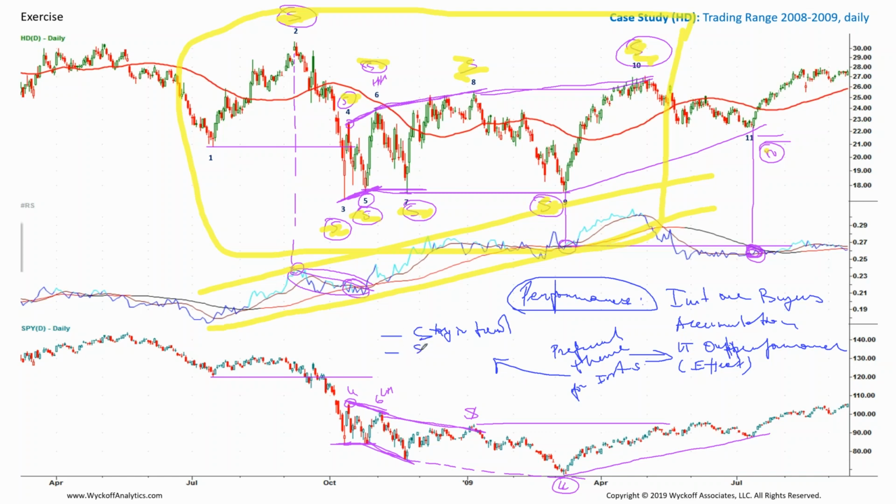This trend is going to be sustainable on multiple levels, sustainable in terms of the business cycle type of move.